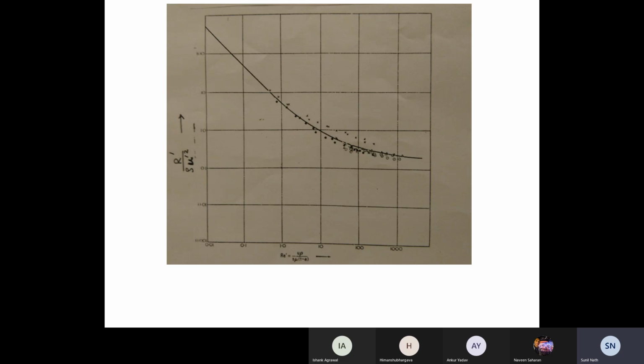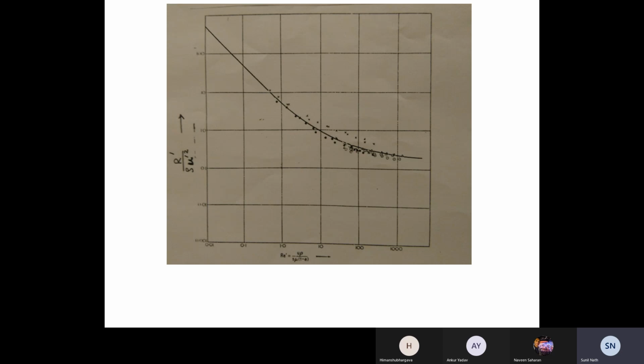So you have R prime upon rho u1 squared on the y-axis, and you have u into rho, where u is the superficial velocity, rho is the fluid density, and then capital S in the denominator, the specific surface area per unit volume of the solids, then mu, which is the liquid viscosity, times 1 minus E, where E is the packing void fraction.